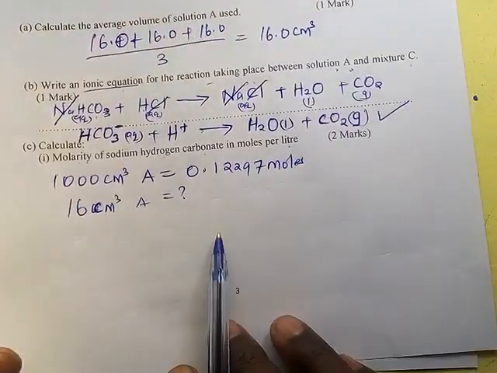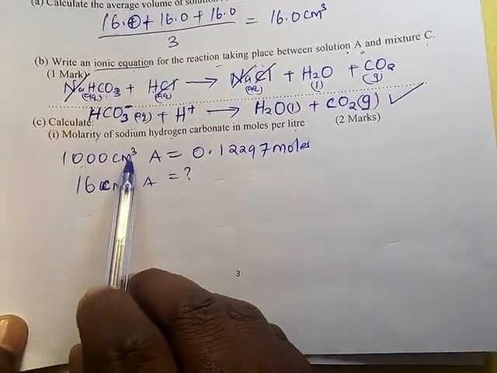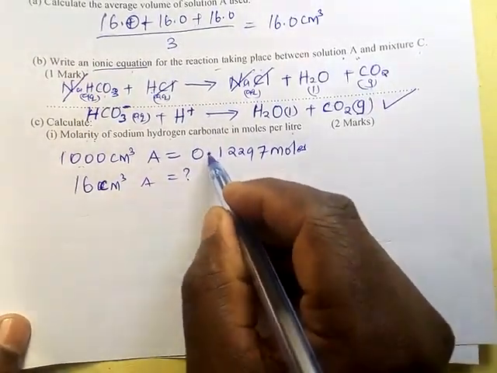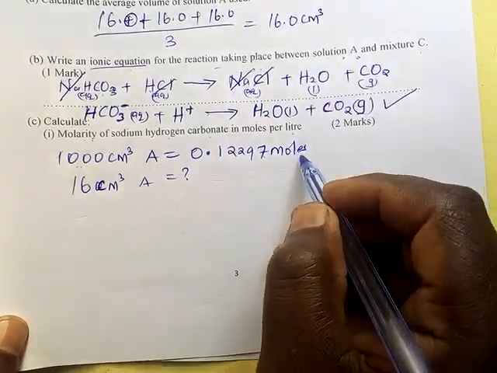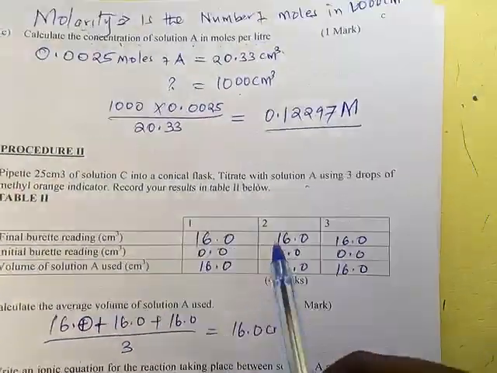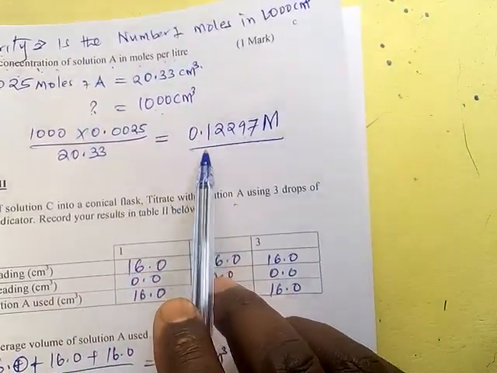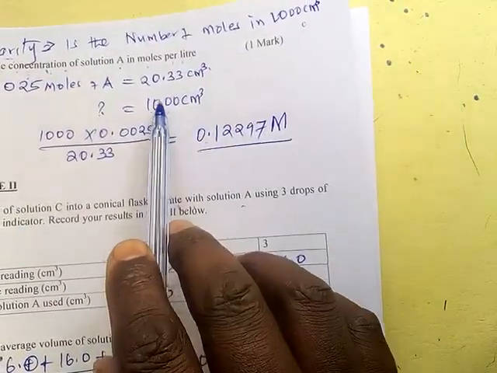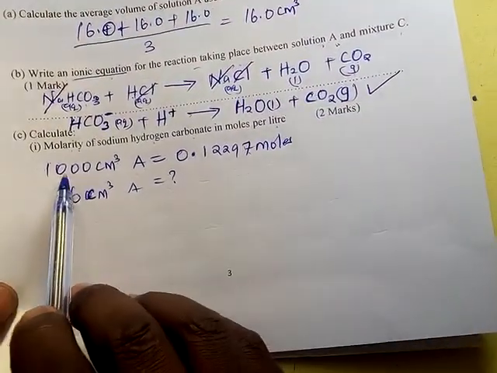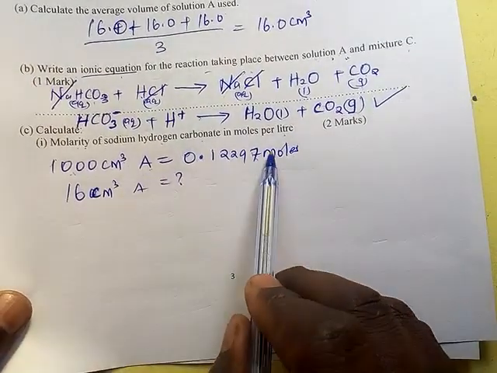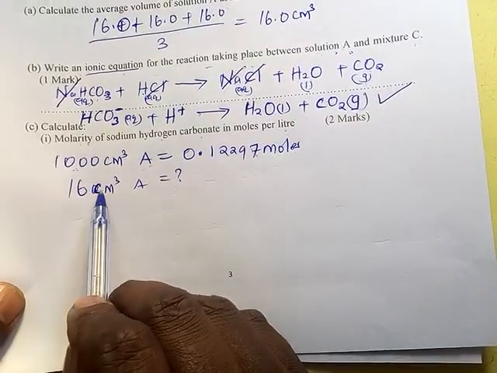Now we will say that 1000 centimeters cube of solution A has 0.12297 moles. Where did I get this one? We had the molarity of solution A, we have it here. This is the number of moles in 1,000. So we will say that 1,000 centimeters cube of A is this many moles. What about 16?